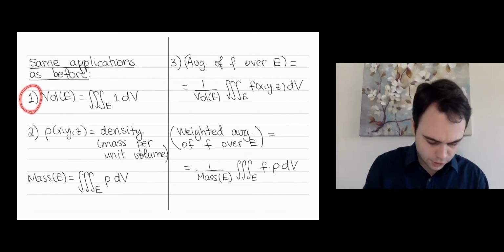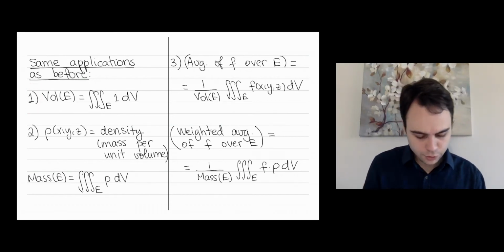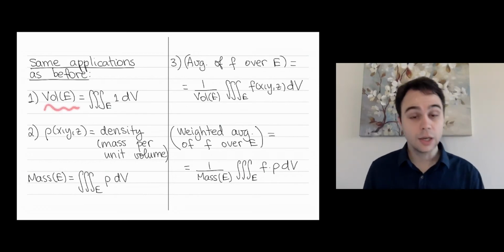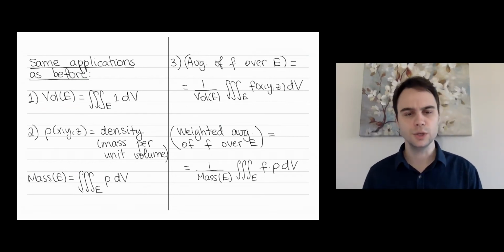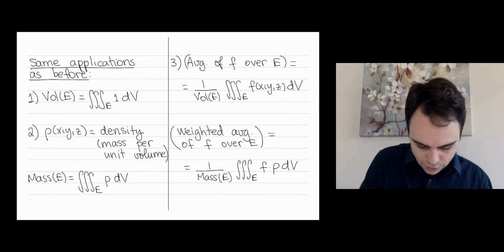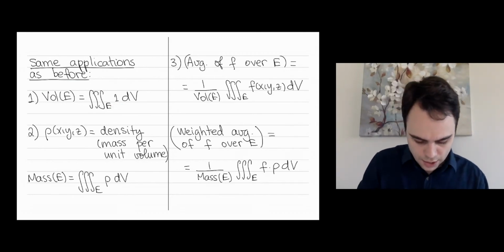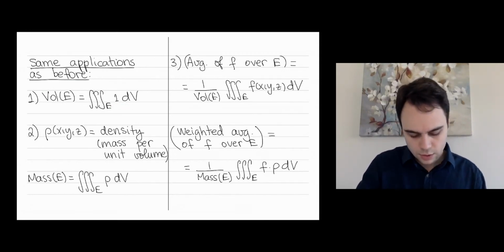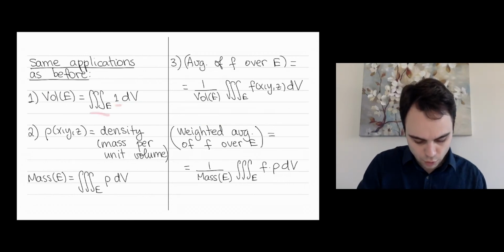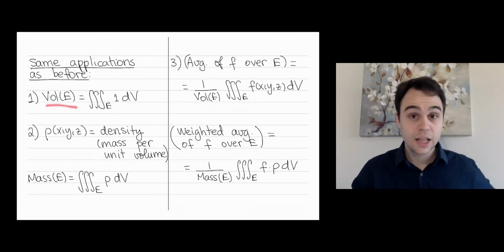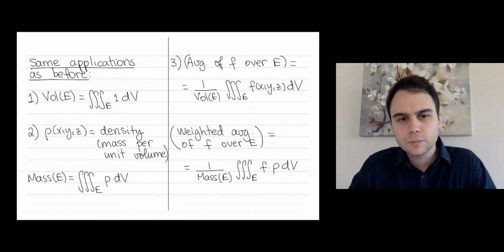So the first application of triple integrals is for computing volumes of solid regions in space. If you integrate the function 1 with respect to dv, if you do a triple integral of the function 1 over a region, you just get back the volume of that region.